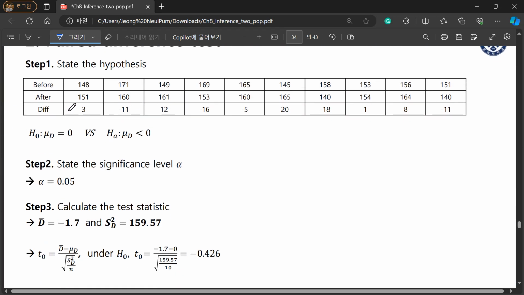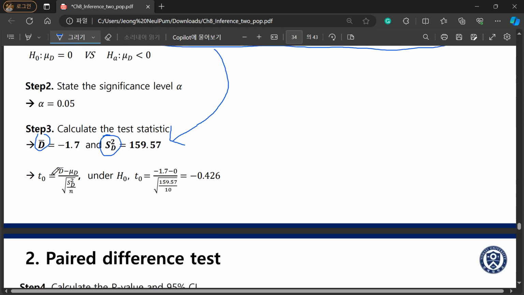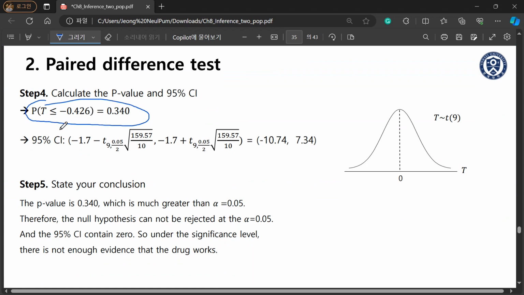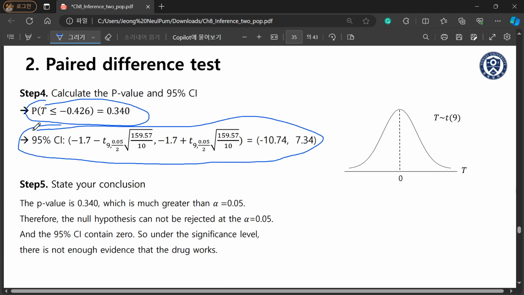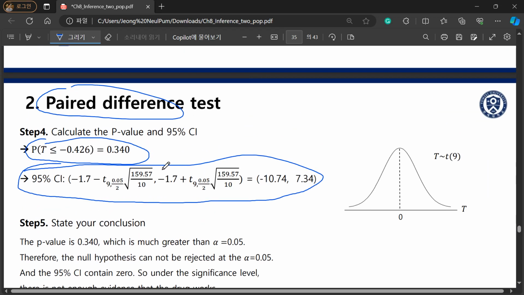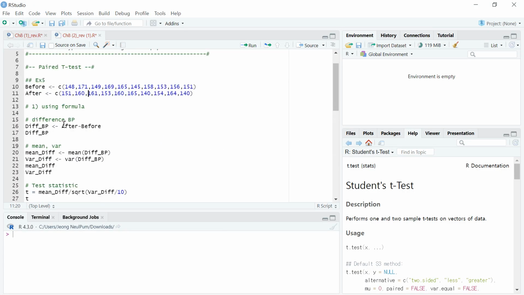This is the difference data, and by using this difference data, we get the mean and variance of the difference data, and the test statistic using this formula follows the t distribution, so that we can get the p-value, and we can also construct the confidence interval of the paired difference population mean, because we can use the t distribution from now on. So this is nothing but the paired t test.